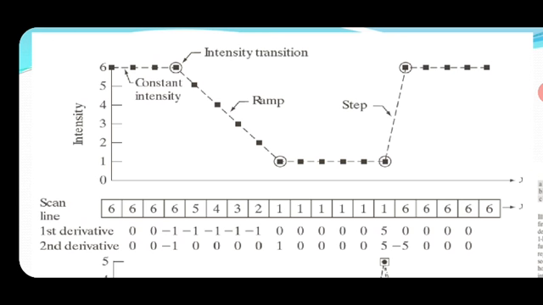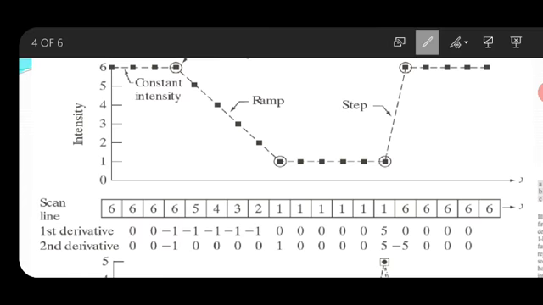Let us assume one pixel has an intensity value of 6. A neighboring pixel also has an intensity of 6. The third pixel is 6, and the fourth pixel is also 6. So there are 4 pixels having an intensity of 6.